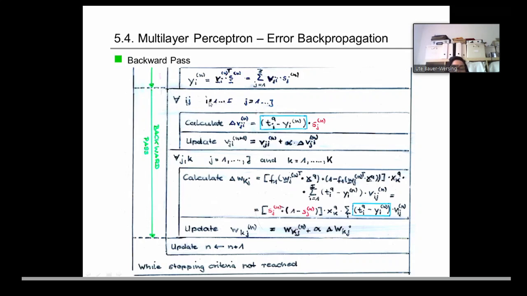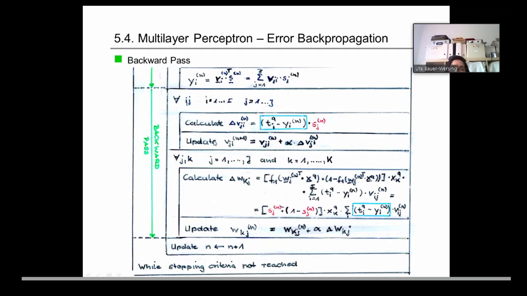We are going through the index i for all the output neurons, and we are considering all the weights of the output neurons from all the j hidden neurons, and we calculate the weight vector update for the weight vji, which is given by the formula we derived previously. I don't want to read it again.